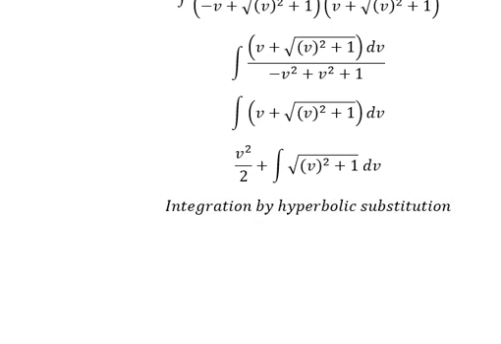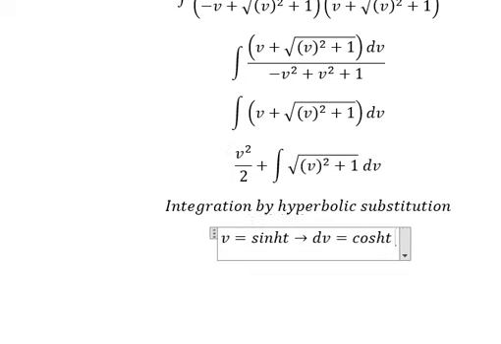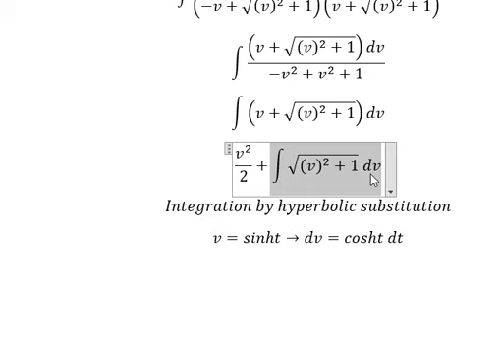So I will put v equals sinh t, because if I put this one here, we have sinh squared t plus 1, and then we change by cosh squared t, and later we simplify the square root. dv is cosh t dt after we do first the derivative of this one.